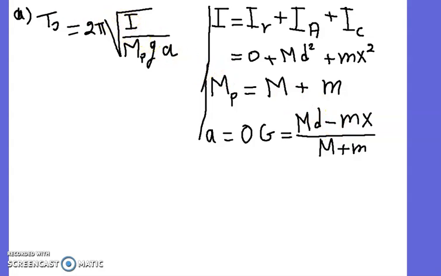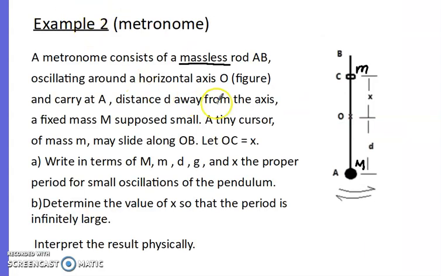Go back to the figure. We've chosen, and this is always the case, x'x downward. Here is the origin of x'x. So this m is on the negative side at x, and this is on the positive side at d.